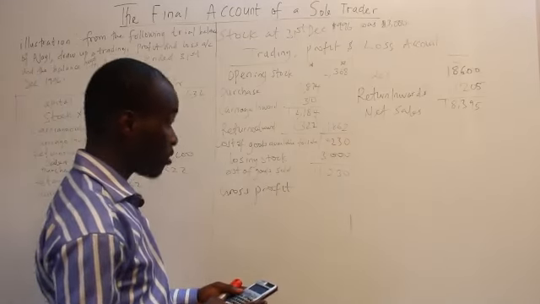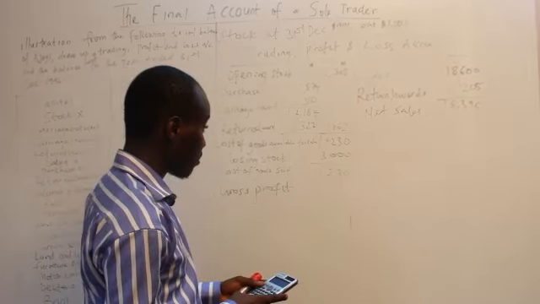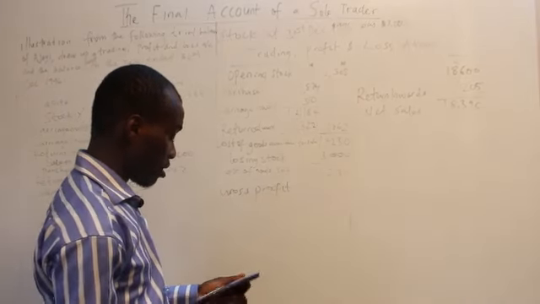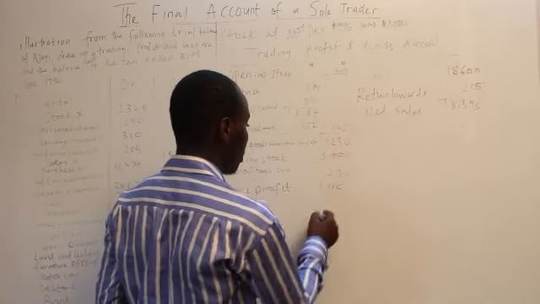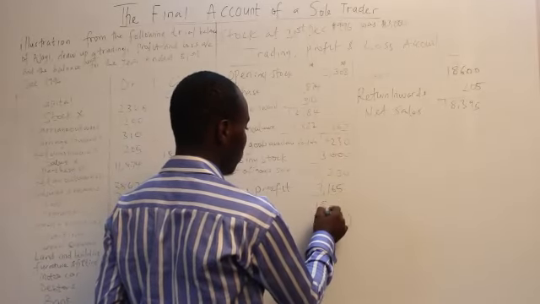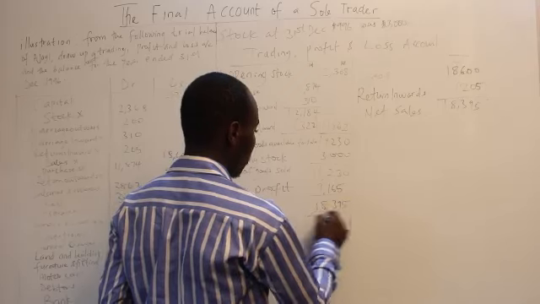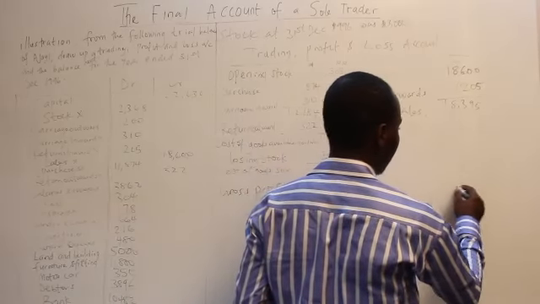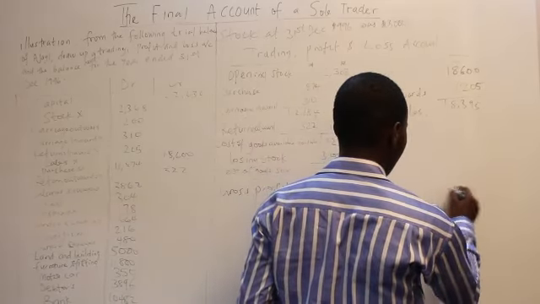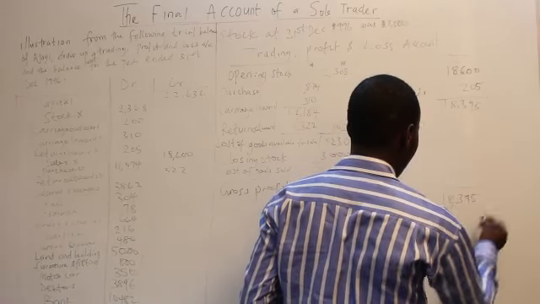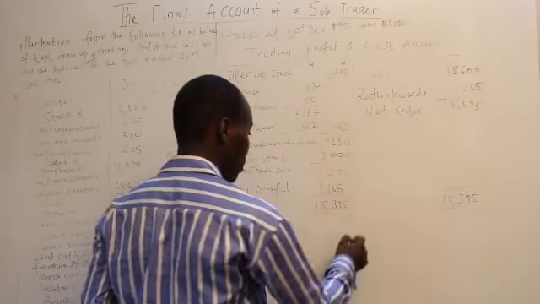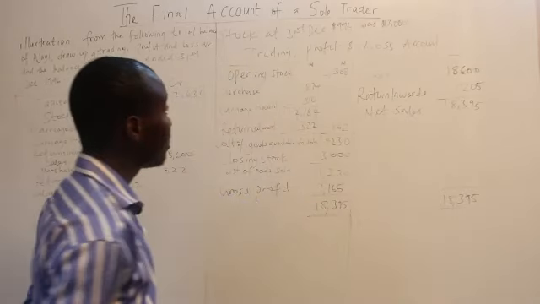We have 18,395 minus 11,230. That gives us 7,165, which is our gross profit. So we are done with the trading account.